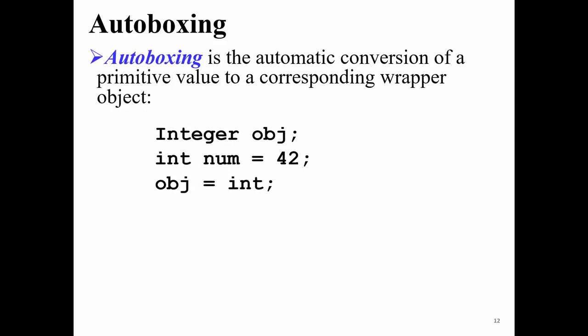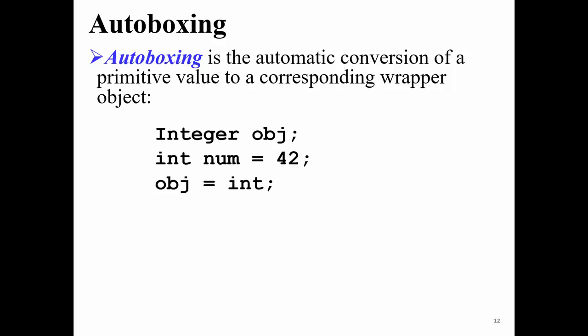Last time we mentioned autoboxing and unboxing, which is the way Java tries to make it easier for programmers. After they created the wrapper class, they saw that programmers got stuck using the new keyword. So when you define an Integer object, this is using a wrapper class.